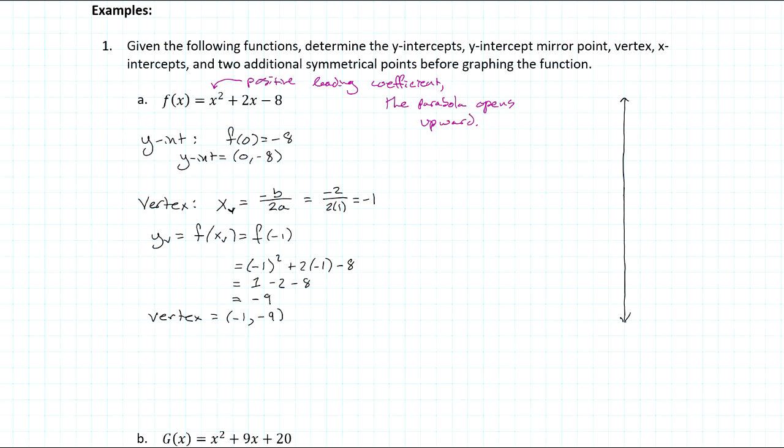And the reason I'm mentioning this is to think about where I want to put my graph. If the vertex is at negative 1 and negative 9, and it's opening upward, that means I probably want to put the x-axis up higher and have more space down below when graphing this.